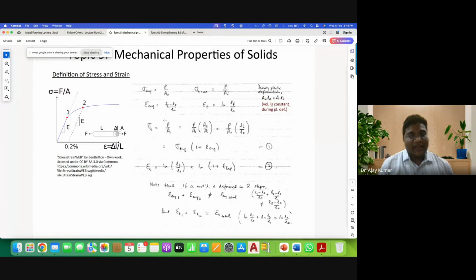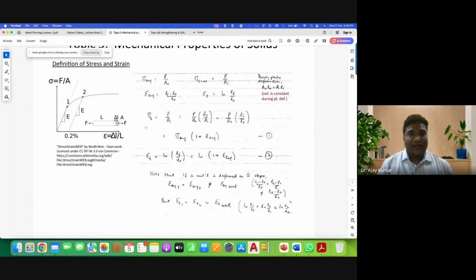In tensile mode you are opening the crack in the material, in compression you are closing the crack in the material. So you have to see whether your material is applicable for the tensile load condition, or is made for compressive load applications. Accordingly, based on the testing of the material, you can find out.